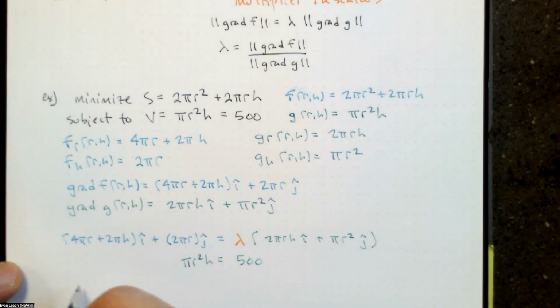So this first one means that 4 pi r plus 2 pi h is equal to lambda times 2 pi rh.